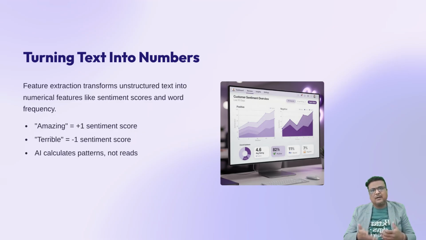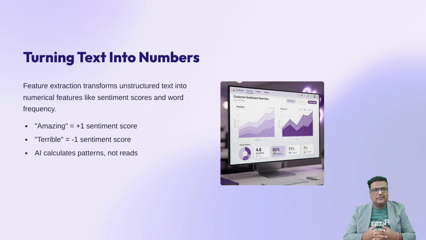Imagine you have thousands of customer reviews. One says this is amazing and another says this is terrible. Feature engineering allows us to create a sentiment score. We might give amazing a +1 and terrible a -1. Now, instead of the AI trying to read English, it's just looking at a column of positive and negative numbers.